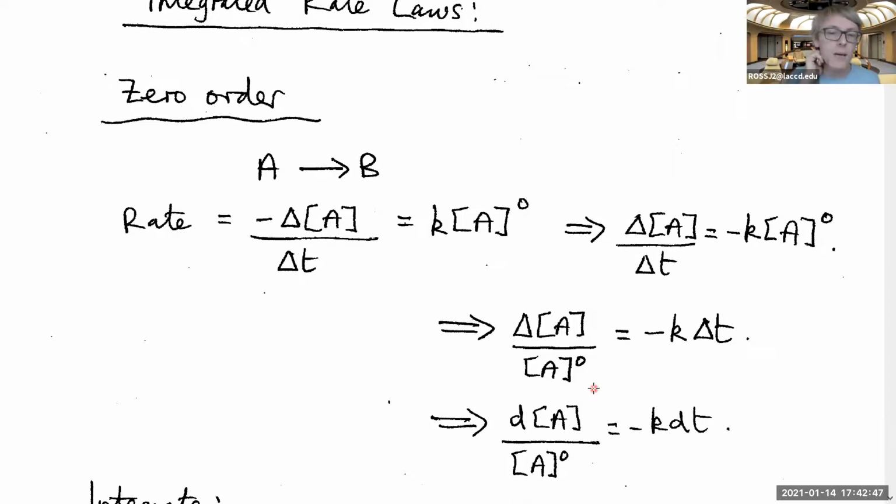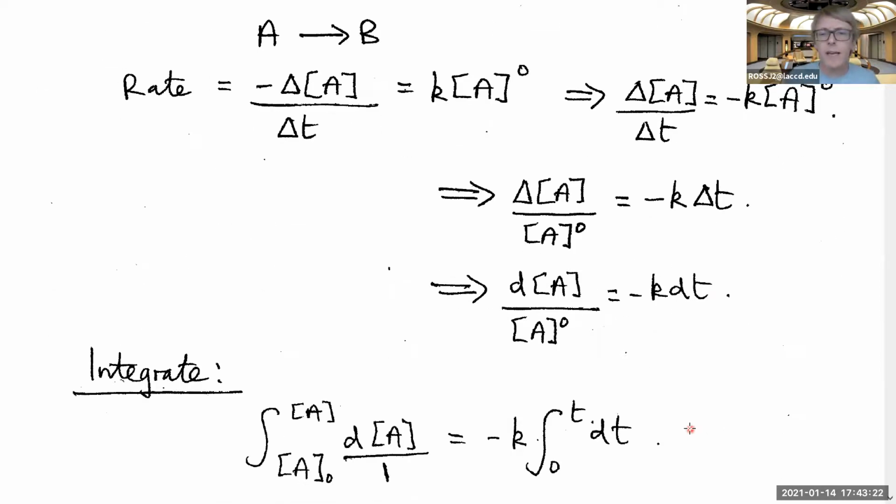And then for us to do our integration, we just want to make sure that this change is not a large change, it's a suitably small change that we can integrate over. So we'll just semantically relabel this delta with a D. So we've got an appreciably small change in A over the initial A equals negative the rate constant per small change in time. And now we're ready to integrate.